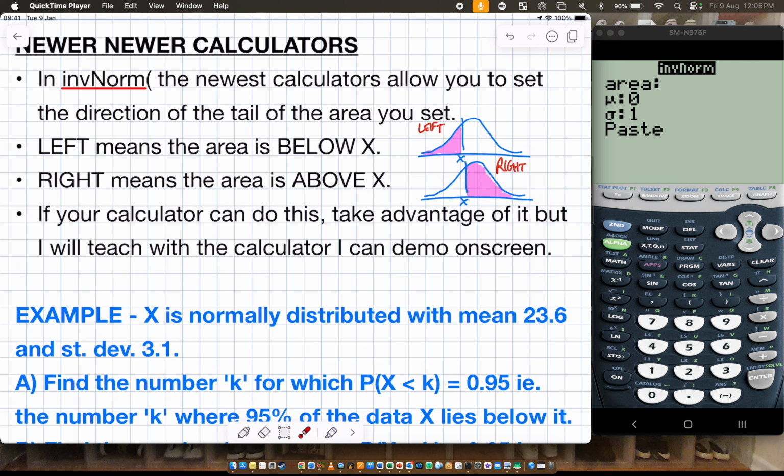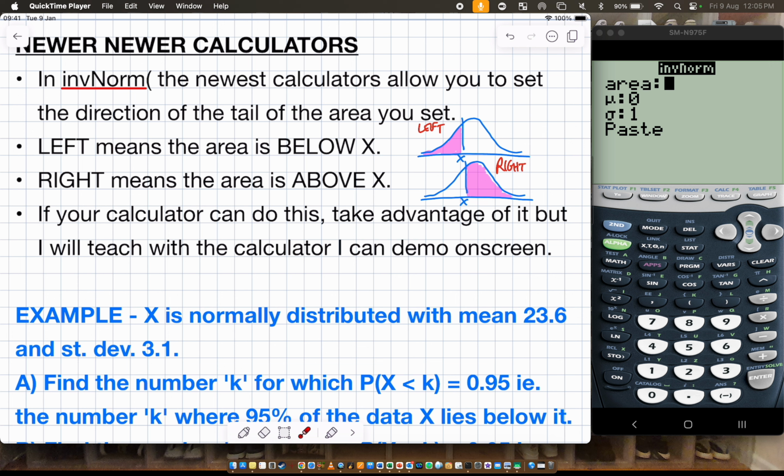Question: does that mean in exams that would only be left? No, I'm going to demonstrate one, we'll go through it now. If you are asked a question to say what number does 40% of the data lie below, everyone's fine, because you'll just say area is 0.4, because you care about what's below it.